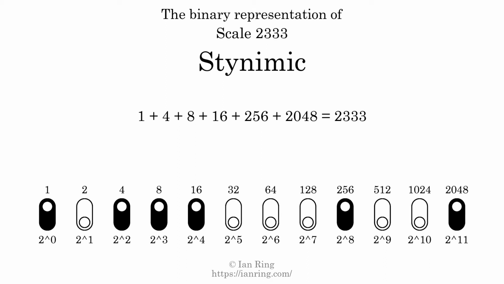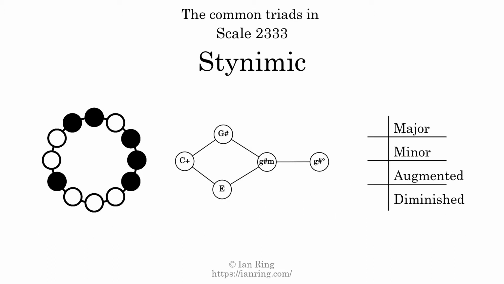That is why the scale number, in decimal, is 2333. The scale number not only enumerates the scale with a unique index, but it also literally describes the tonal content of the scale. Represented as a binary number in base 2, the scale number is 1001000111101.